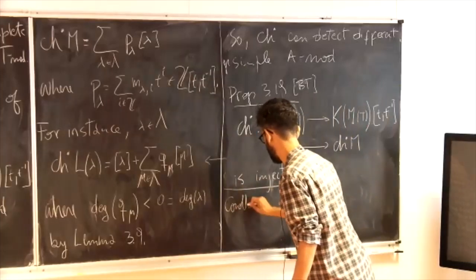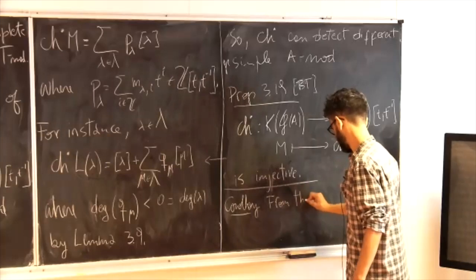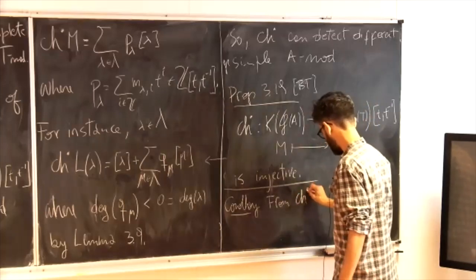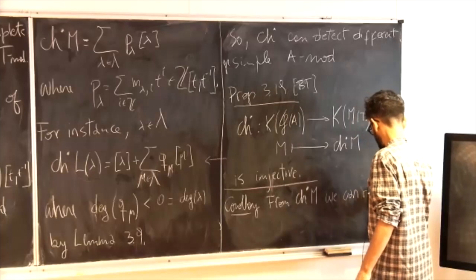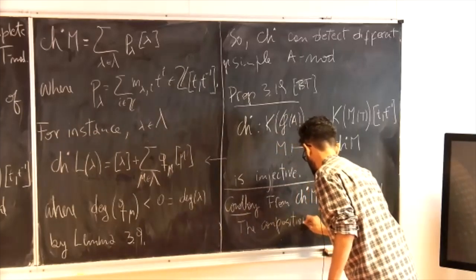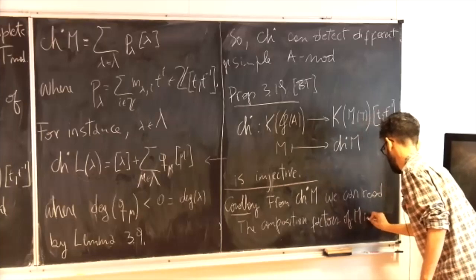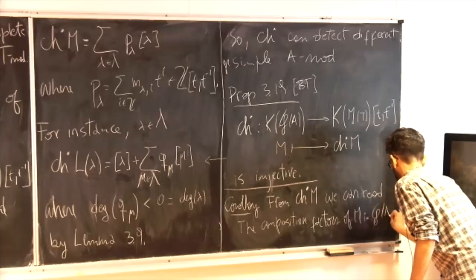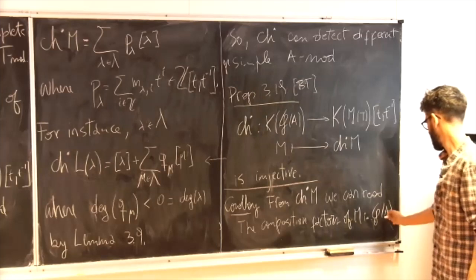Corollary: from the graded character of M, we can read the composition factors of M in the category of graded A-modules.